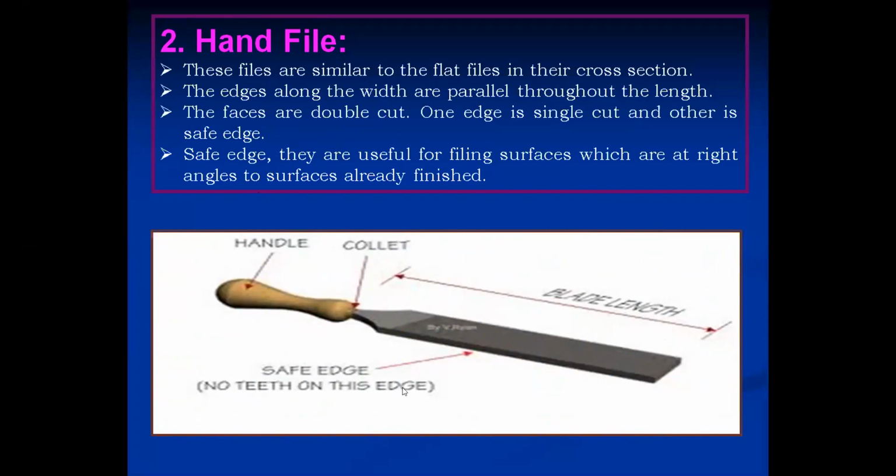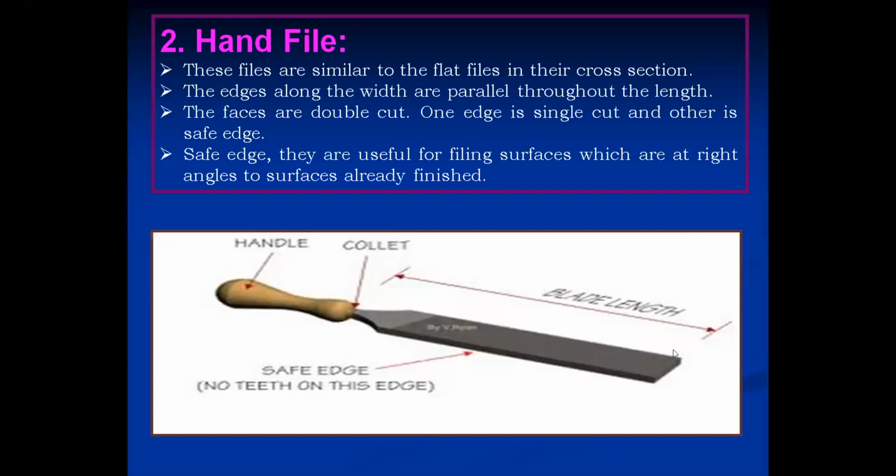The faces are double cut, and one edge is single cut. Of the two edges, one edge has one row of teeth, and the other edge is a safe edge, which means there are no teeth, it is blank.